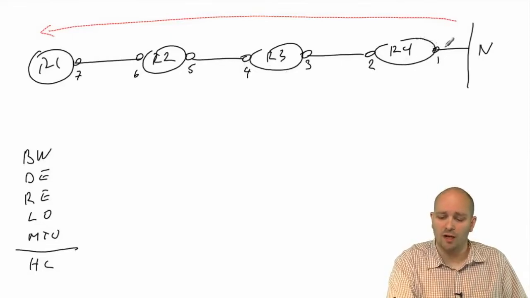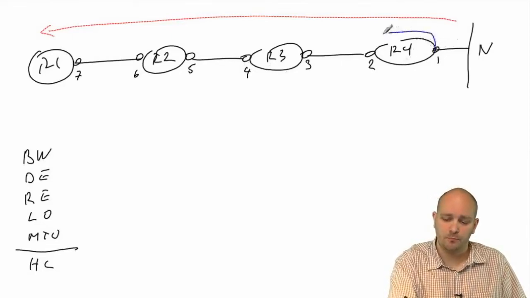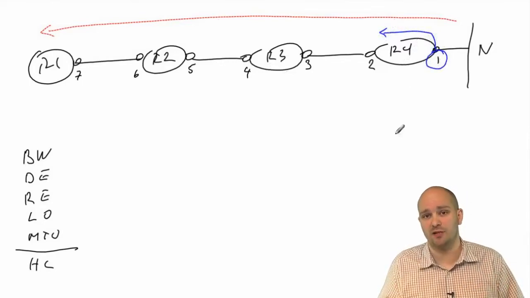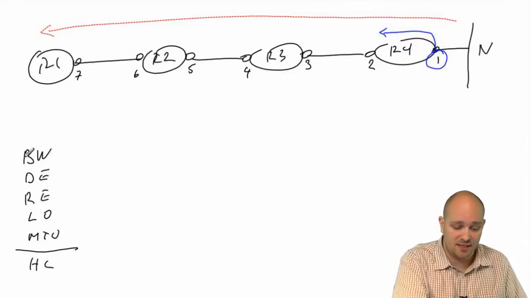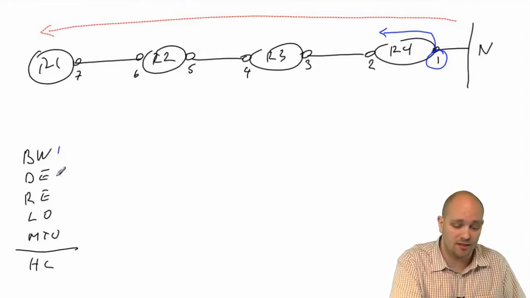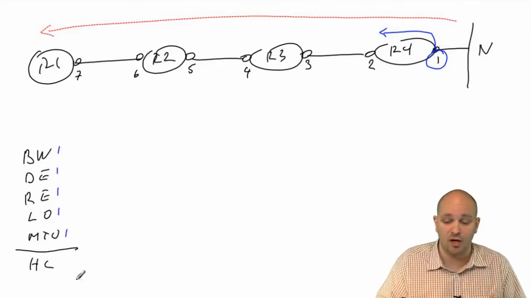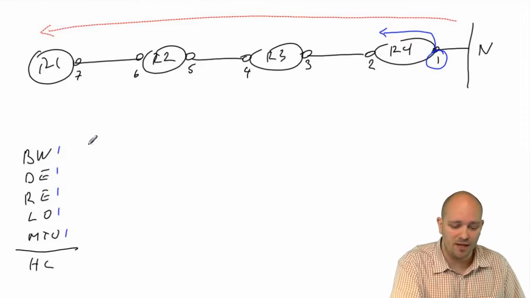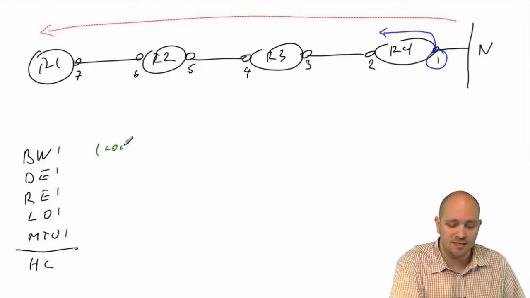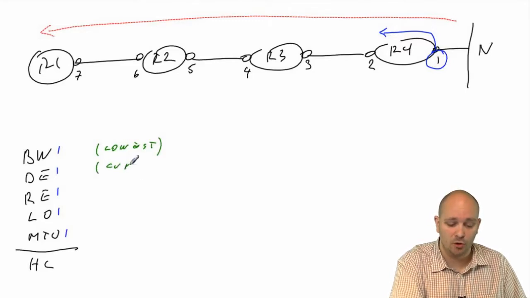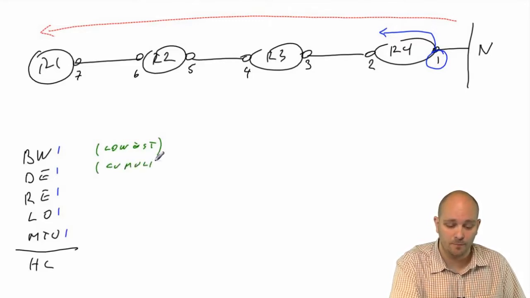Now, when R4 injects this route into EIGRP, it's obviously going to use the information associated with this interface. That means the bandwidth associated with interface 1, delay, reliability, load, and whatever the MTU was. Now, remember before I proceed that for bandwidth, at the end we are going to be seeing only the lowest value. For delay, we are going to be seeing the cumulative value.